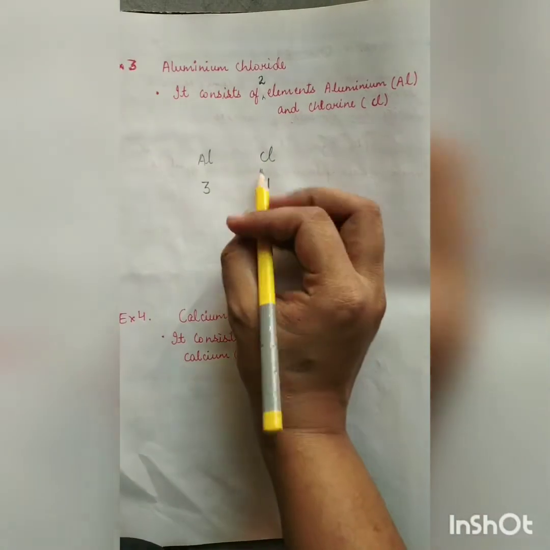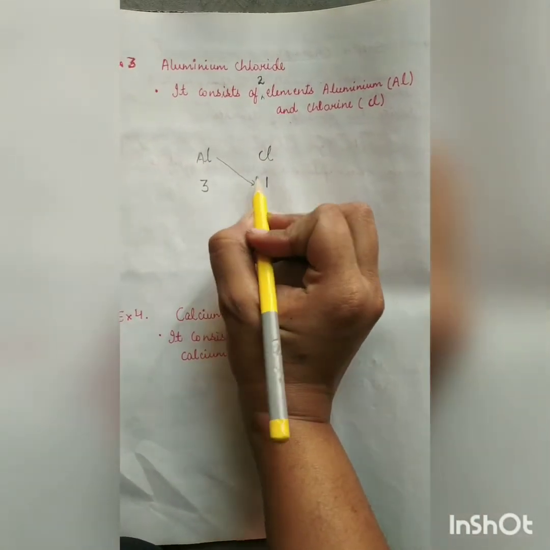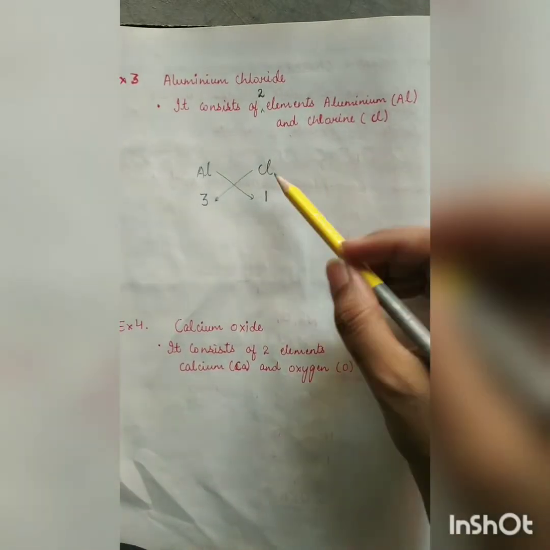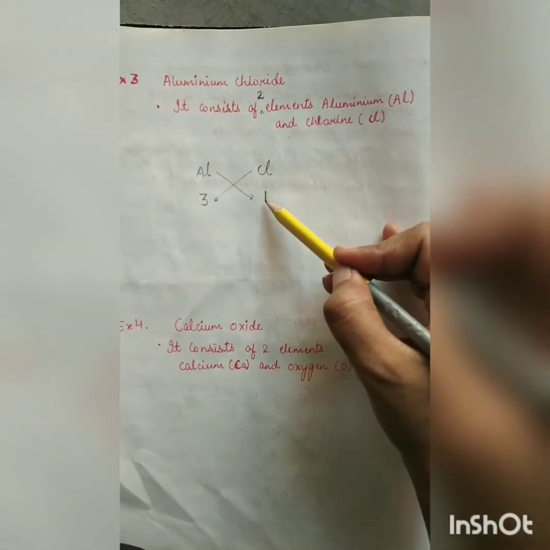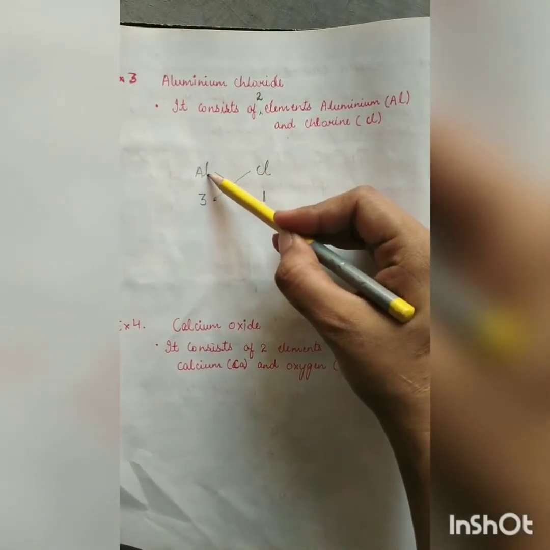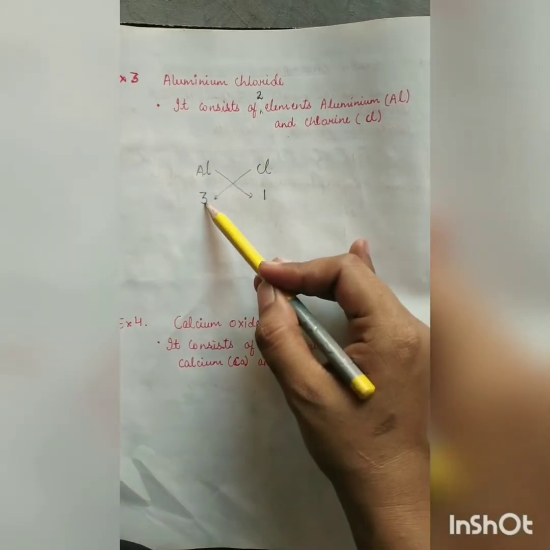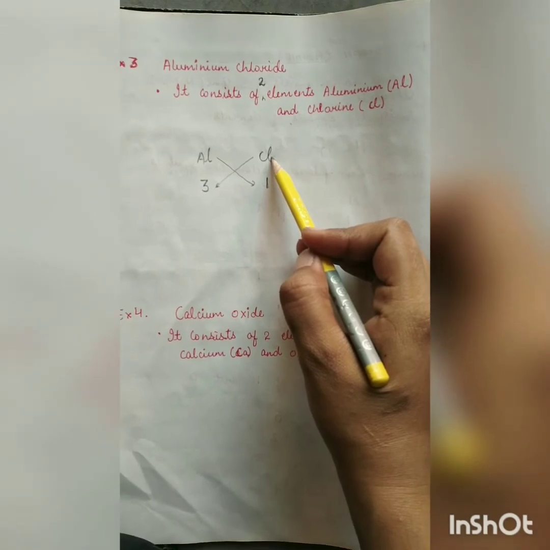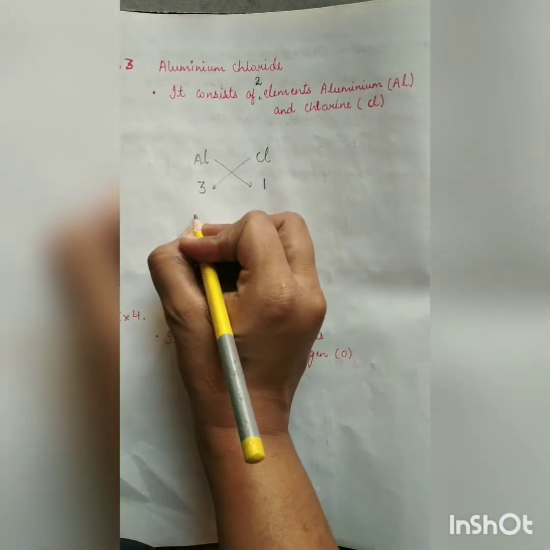Third, you have to interchange these valencies. Means this 1 will be used as subscript of aluminium and this 3 will be used as subscript of chlorine. So how we will write?